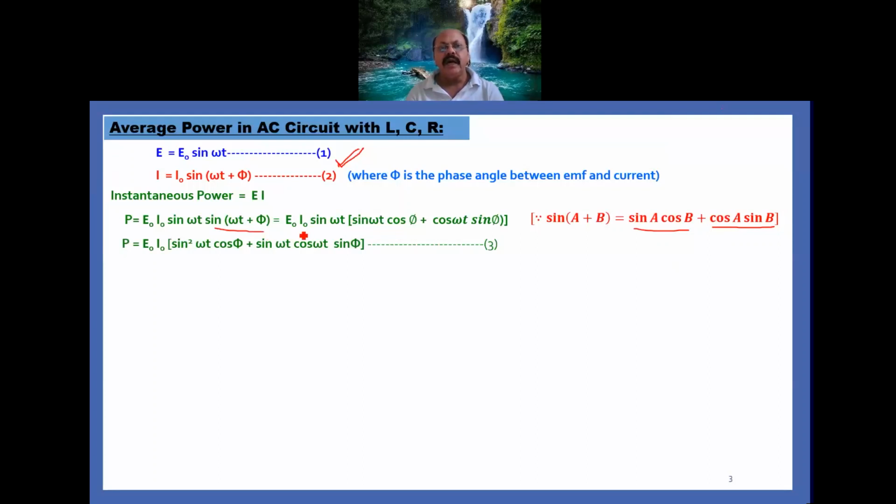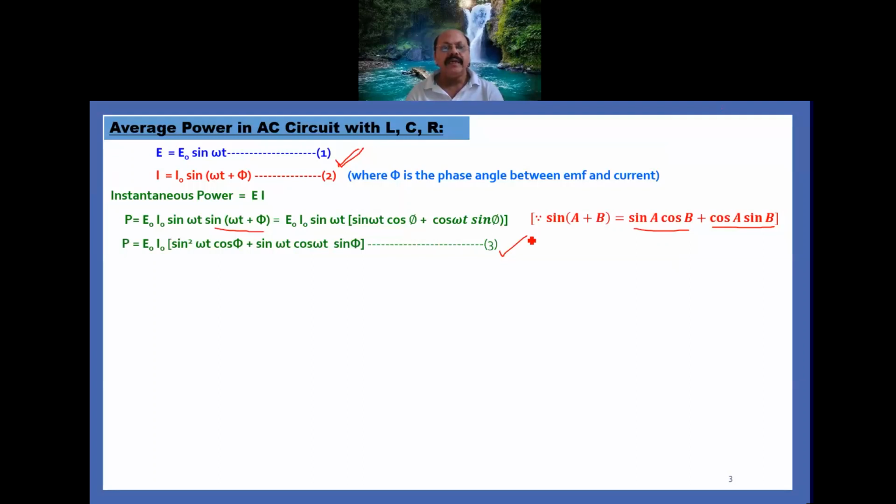E naught I naught sine omega t within bracket sine omega t cos phi plus cos omega t sine phi. Then multiply this sine omega t inside the bracket. Then we get P equal to E naught I naught within bracket sine square omega t cos phi plus sine omega t cos omega t sine phi. Mark this equation number 3.